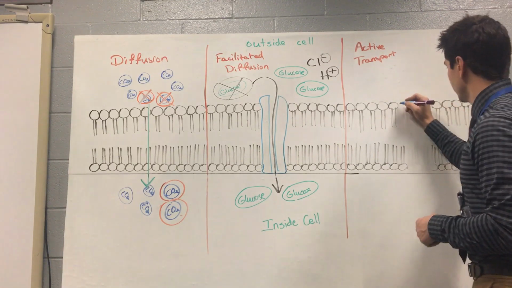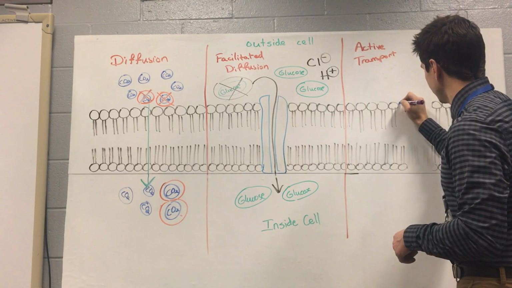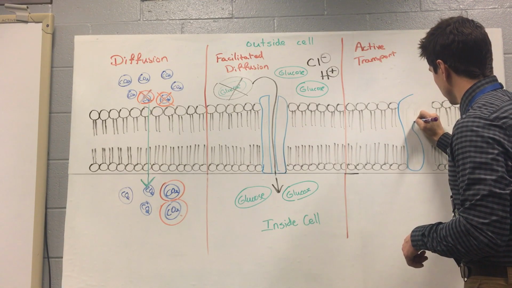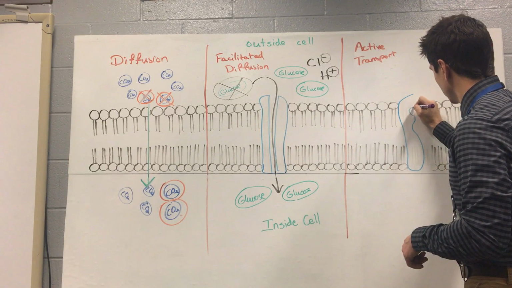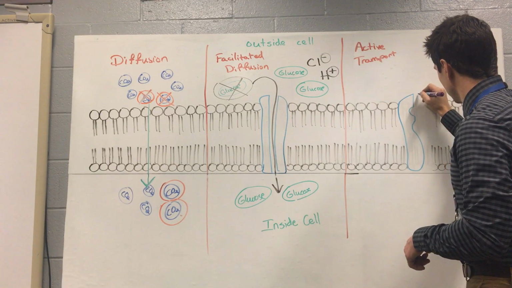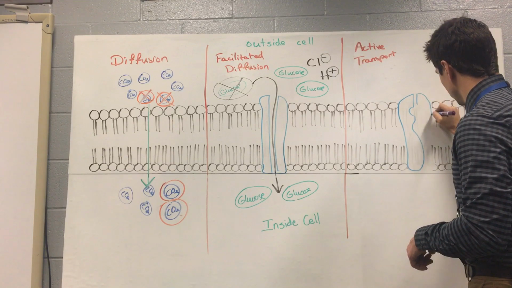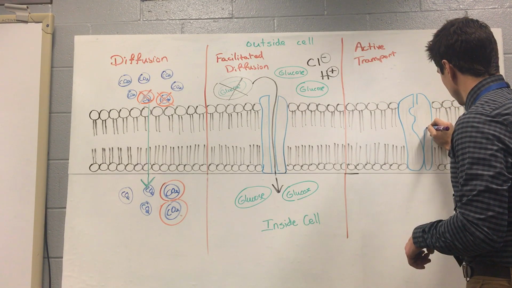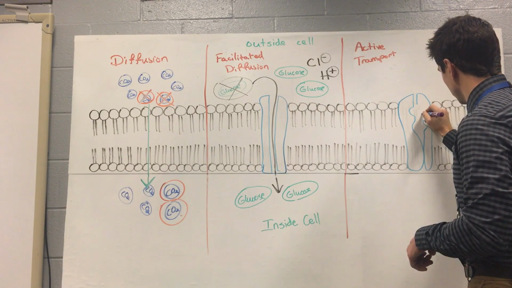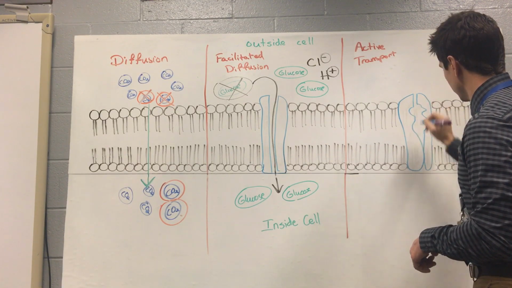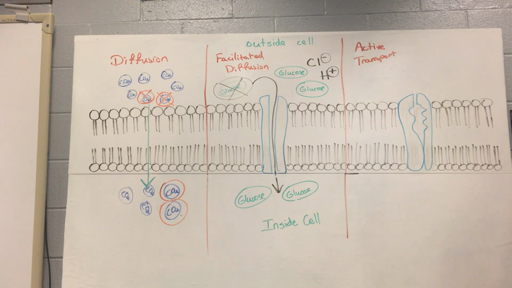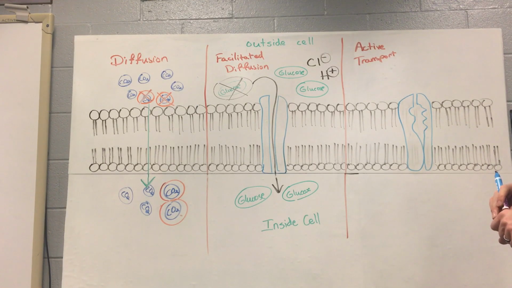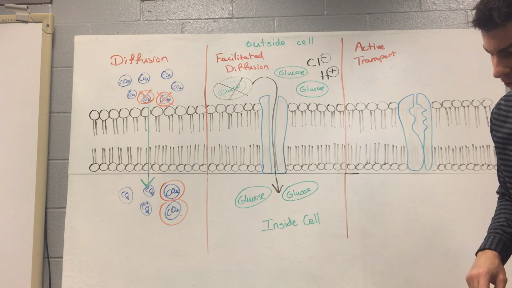And we're going to put a protein in. I made this protein a little bit different. So for active transport, I'm going to be moving two different things on this one.